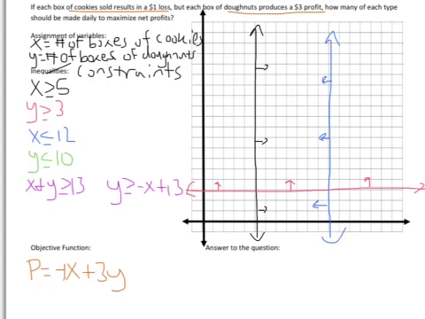Then y is less than or equal to 10, so I get 3, 4, 5, 6, 7, 8, 9, and 10, shading below. So I know I'm in that little box right now. And the last one, I've got to have the purple line there.